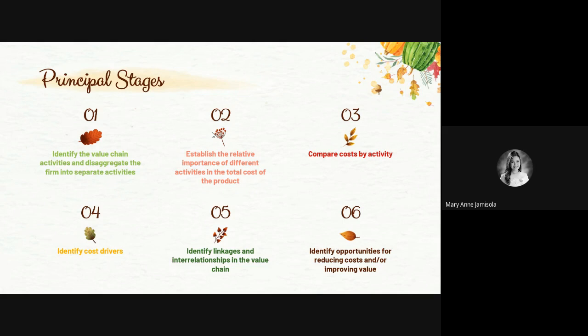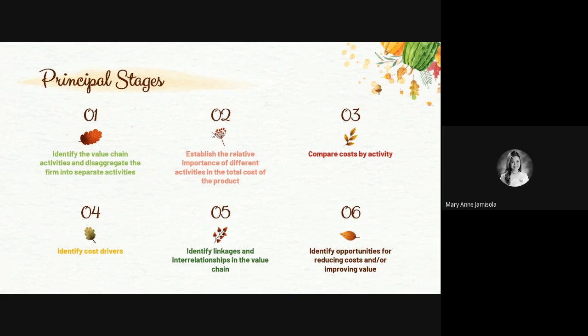So, again, these are all the principal stages with respect to the fundamental methodology of value chain analysis in strategic cost management. First, we have to identify the value chain activities and disaggregate the firm into separate activities. Second, we have to establish the relative importance of different activities in the total cost of the product.